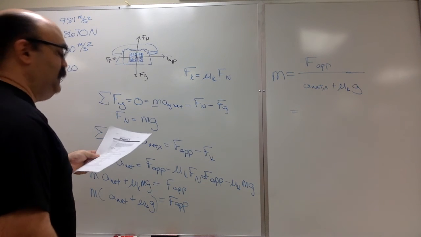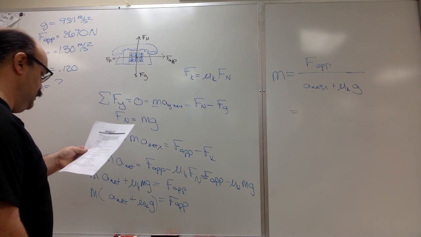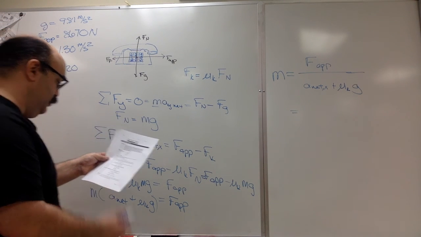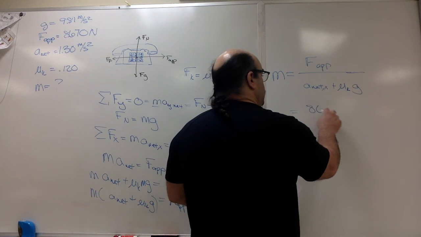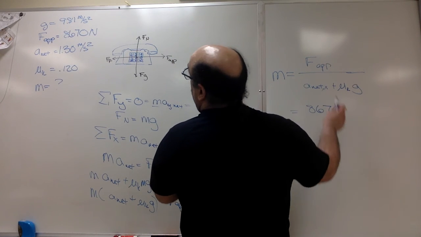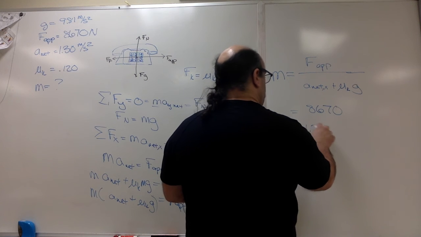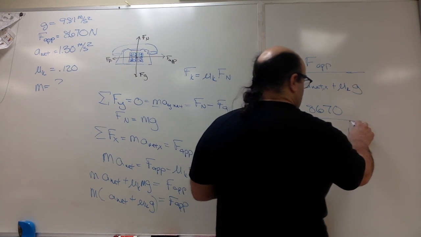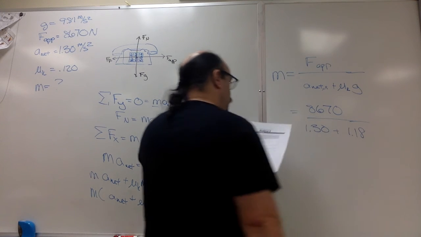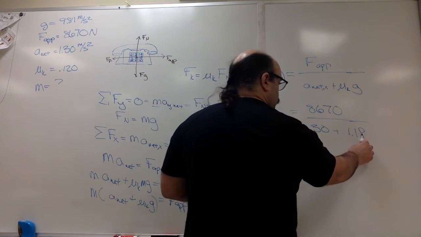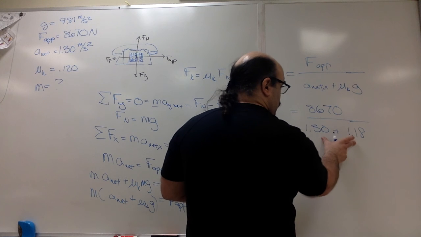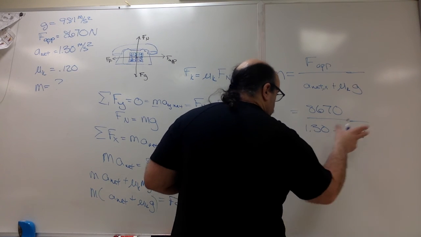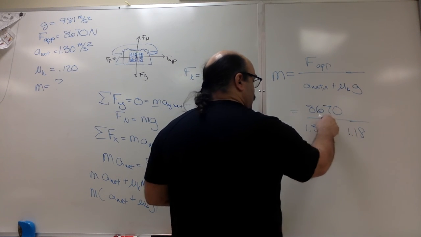They had 3 significant digits between each of them. When you multiply them together, you get that 1.18. So we have 8670 divided by 1.30 plus 1.18. When we multiplied this, we got good to the hundredths place. Add those two together, you're good to the hundredths place. That's 3 sig figs.